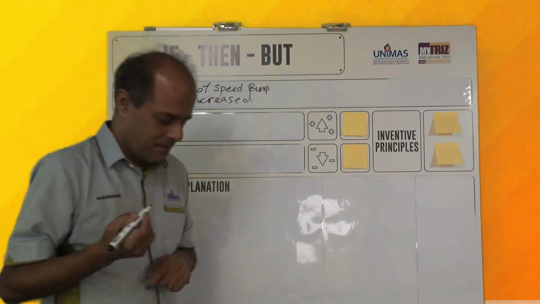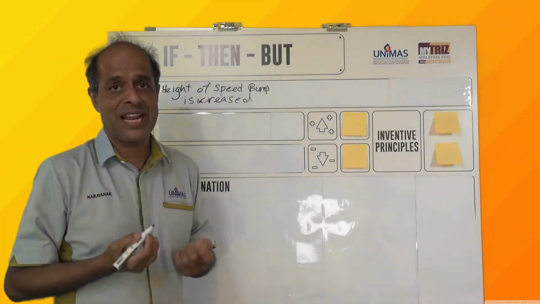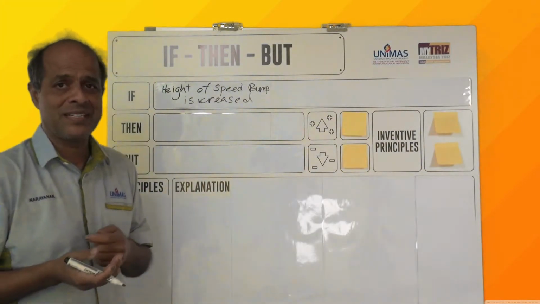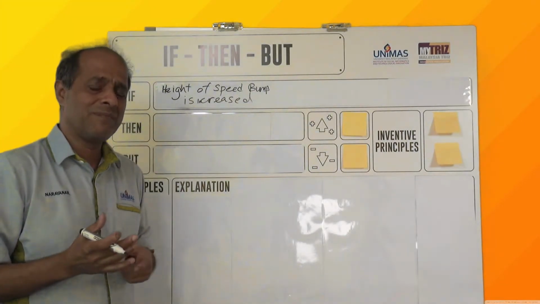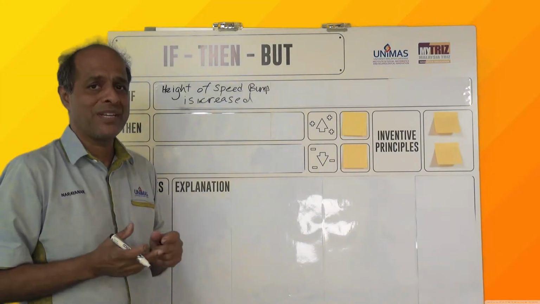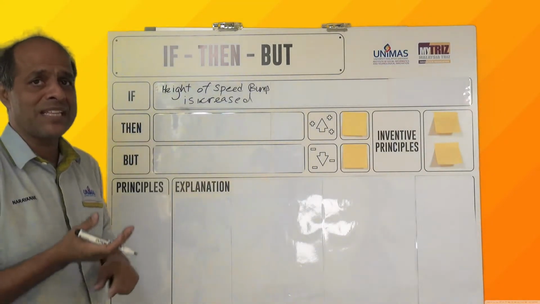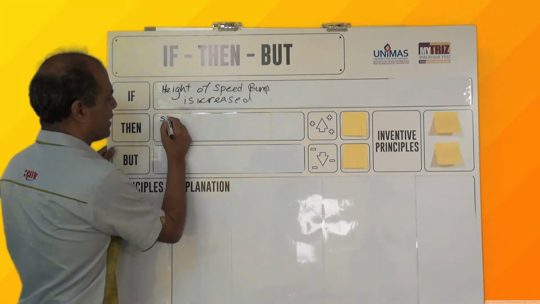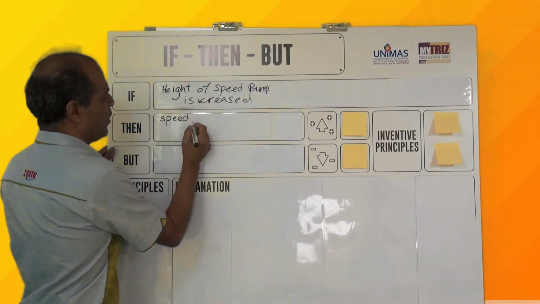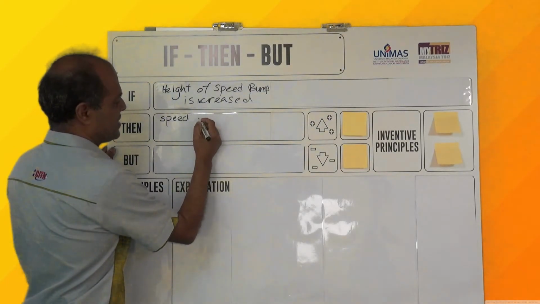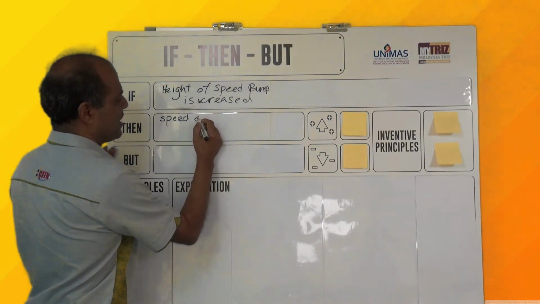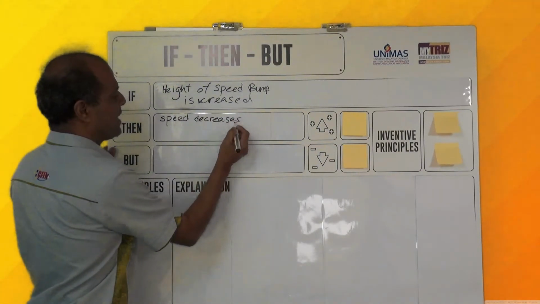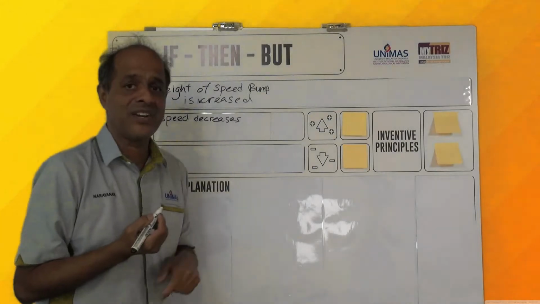then we look at, is there anything good that happens? Yes, the number of accidents decreases, but well, that's actually a vague parameter. Can we relate it to something that's measurable? Okay, we say, well, speed of oncoming traffic or speed of vehicles decreases, right? Speed decreases, and this is something good because as speed decreases, we find that accidents are reduced, right?